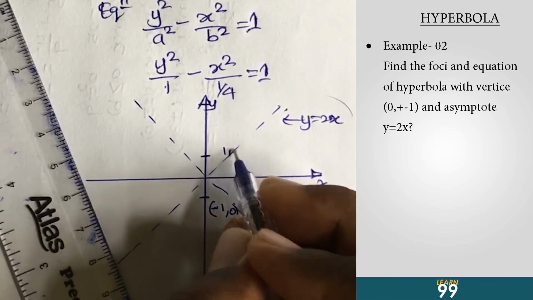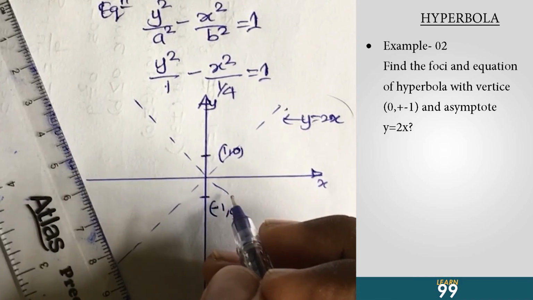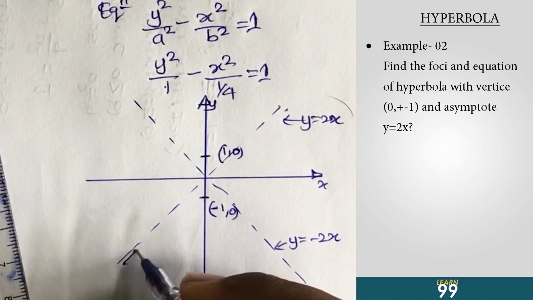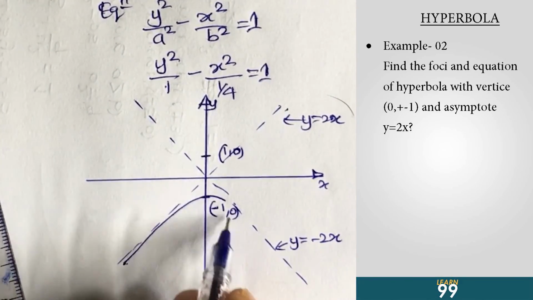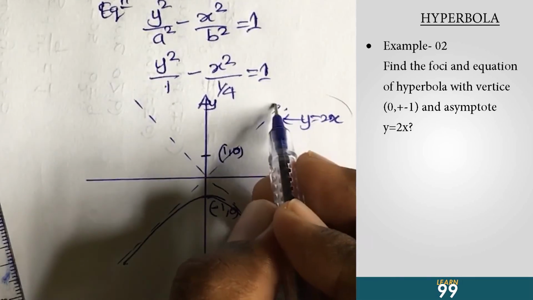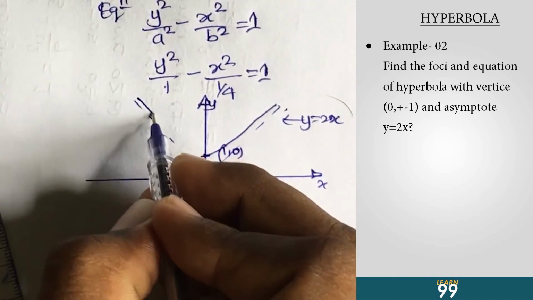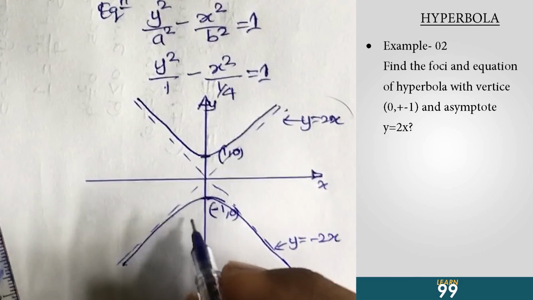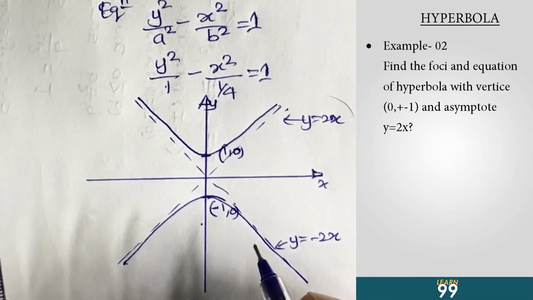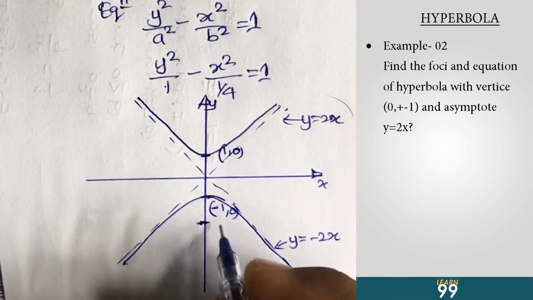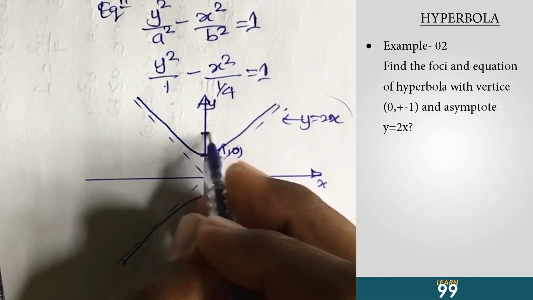Here we first use the vertices instead of foci. It's also possible because we are drawing an approximate graph, not an exact graph, but we have to point our important points.